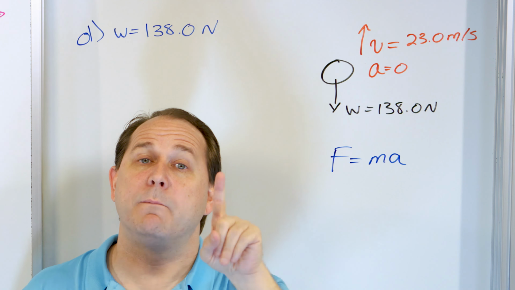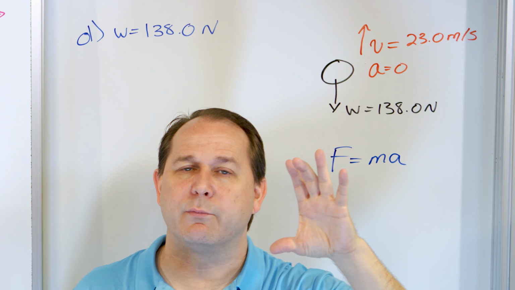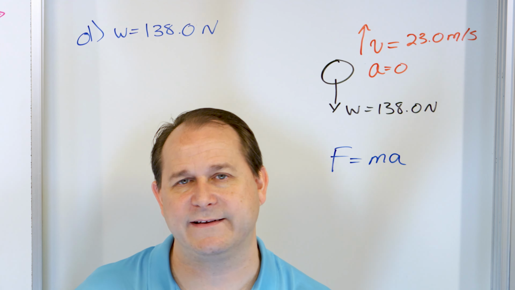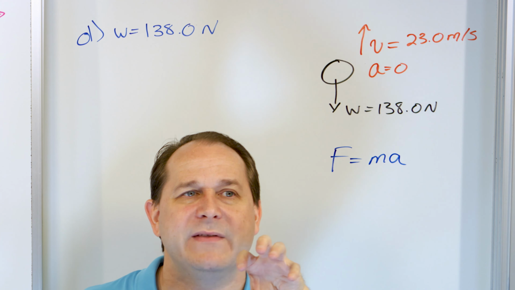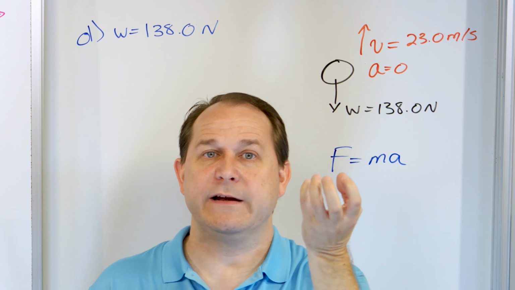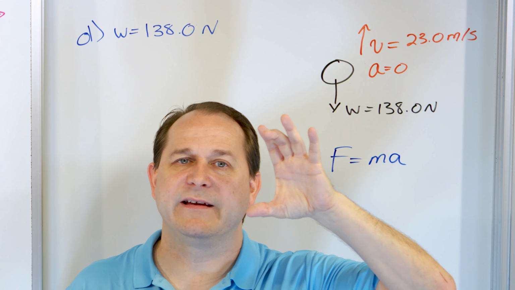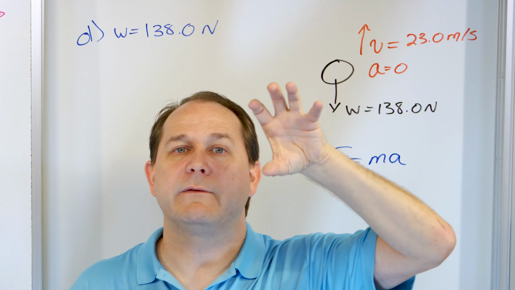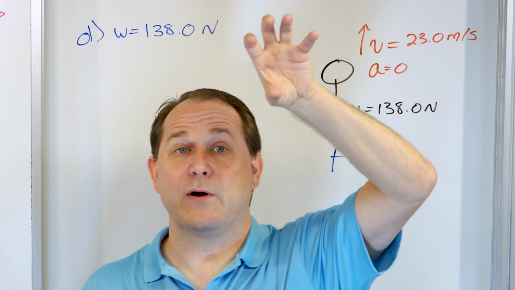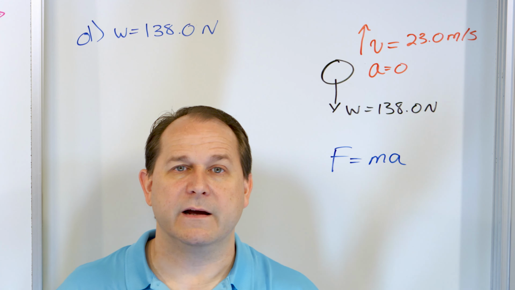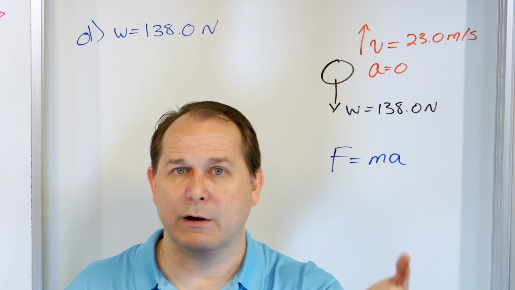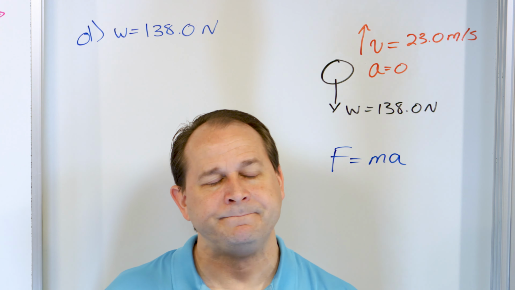So there has to be some upward force exactly balancing the downward force to give me no net force acting on this object. It's the only way that it could, so you could kind of kickstart it in motion, and then there has to be a balancing force to make it not accelerate, and then it will just continue to move up forever and ever, right? Because remember, an object in motion tends to stay in motion like this.